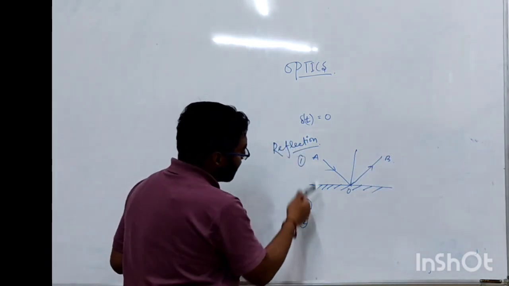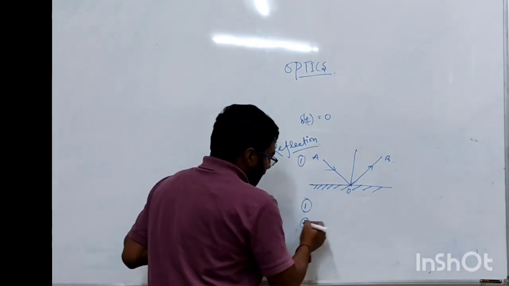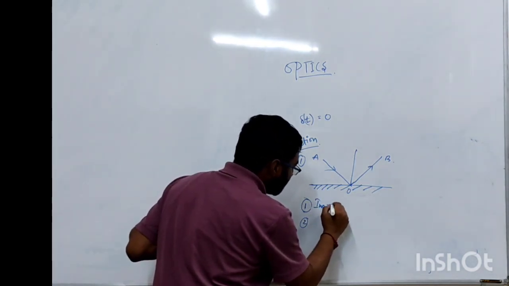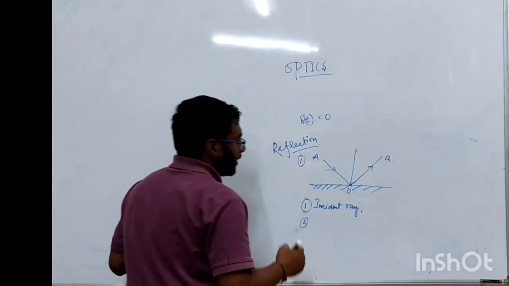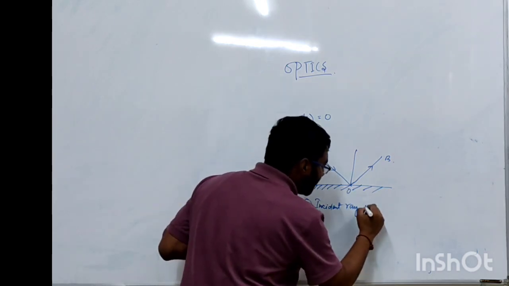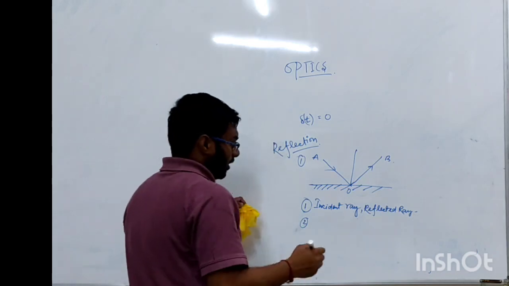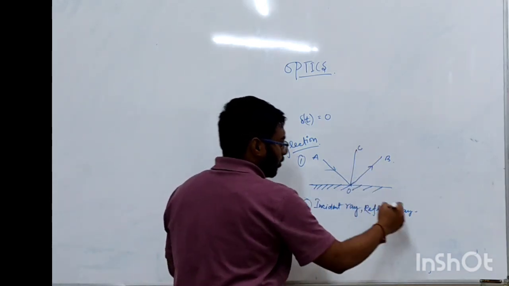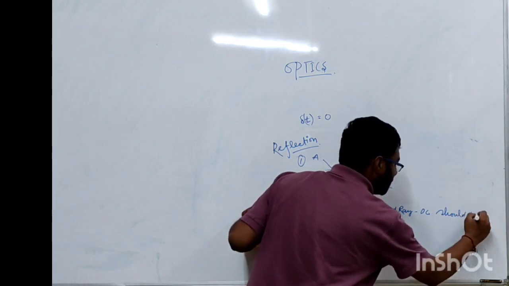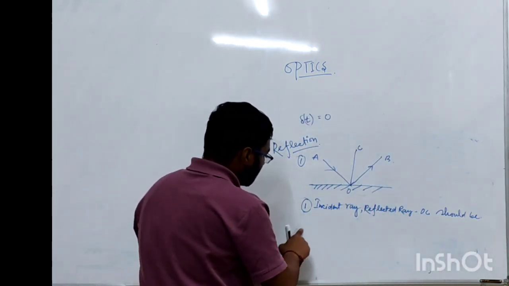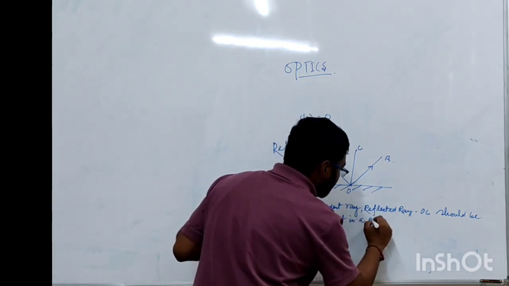According to the law of reflection, we show that the incident ray, the reflected ray and this perpendicular OC should be present in a particular plane.